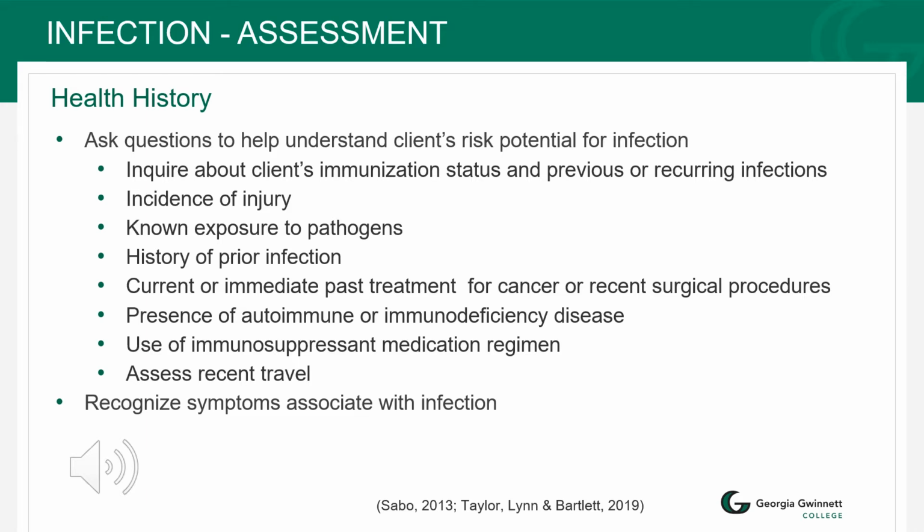So for some infections, you see visible symptoms. So you might see a rash or a redness or swelling. And these can be early warning signs of an infection. But in other infections, like tuberculosis or HIV, there's a period of time where there are no symptoms at all, and that's called an asymptomatic latency or asymptomatic period.